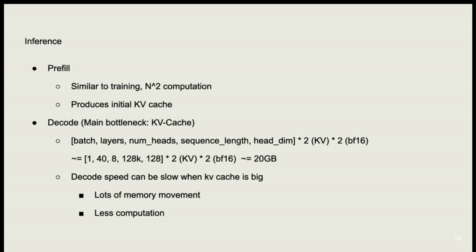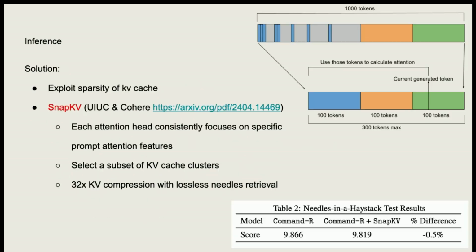Also, decode speed can be slowed down when the KV cache is big. There's a lot of memory movement when you do decoding, between the GPU memories and your cache, and there's less computation. So this is something we want to optimize.